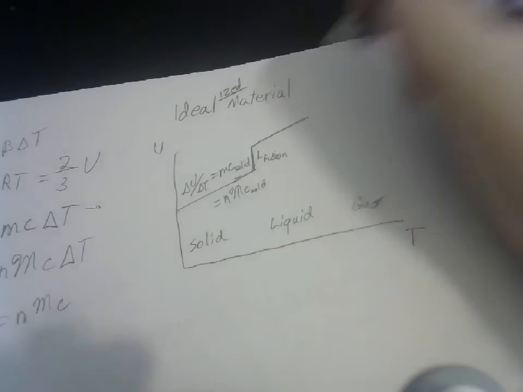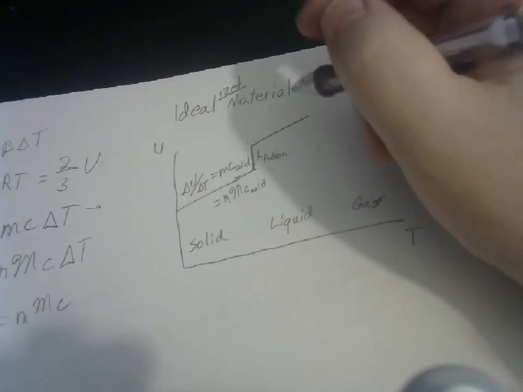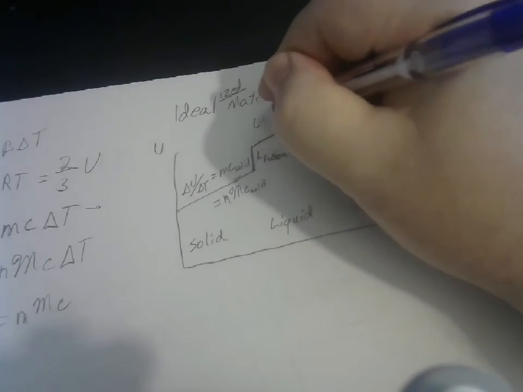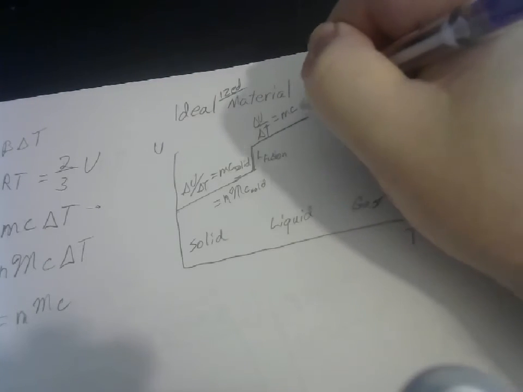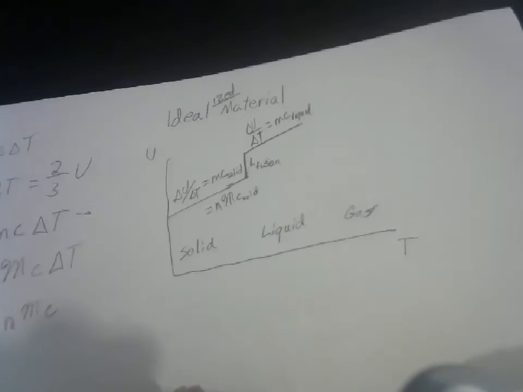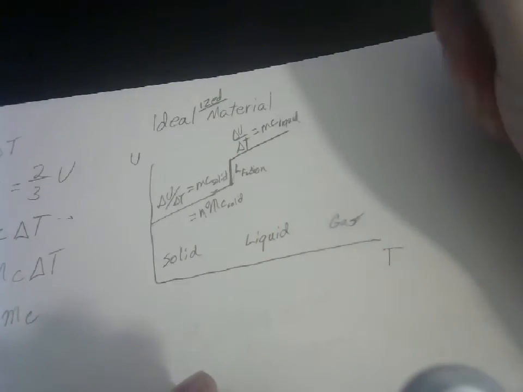And then finally all of it is liquid, and then you've got a slope again. Right here, that delta U over delta T is an infinite slope. It's straight up, and then it goes again. Delta U over delta T is mass times specific heat of the liquid, and that's in general a different slope than the delta U over delta T of the solid.